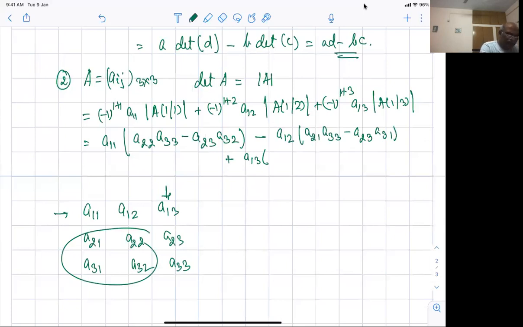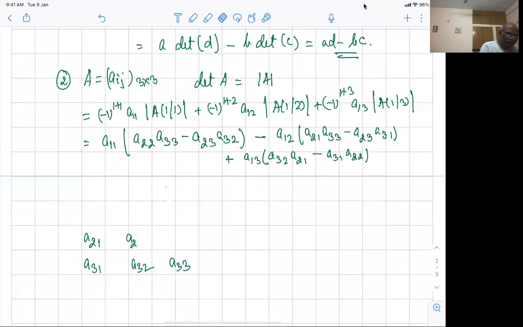So I can write, if I look at here, A32 into A21 minus A31 into A22. Fine. So I've just put it in a different way. That's all, nothing else. But you can see that those entries are the same.